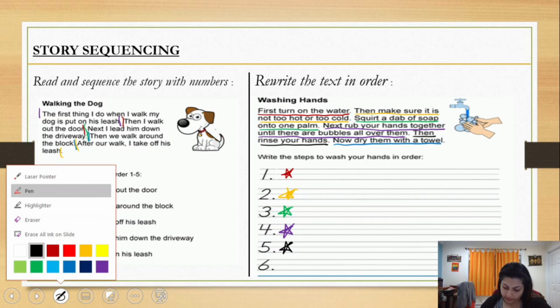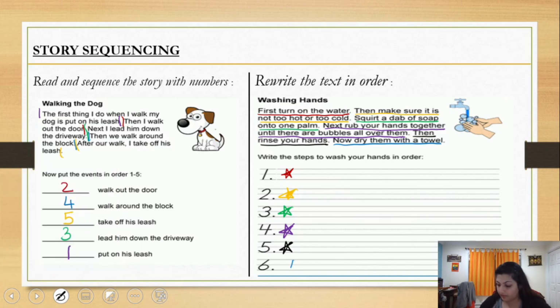Black fifth. And this one sixth. So this is the way I would do it for kindergarteners, because it's easier for them to find them one at a time and then write. The other way you can do is make them stop after each sentence and then write them down.